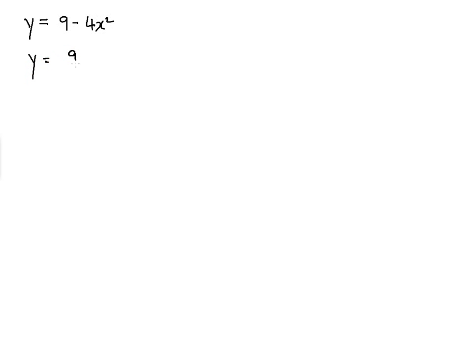So this is actually y is equal to 9 minus 2x squared. Right? So we could also think of this as y is equal to negative 2x squared plus 9. So what transformations do we see upon our curve x squared?